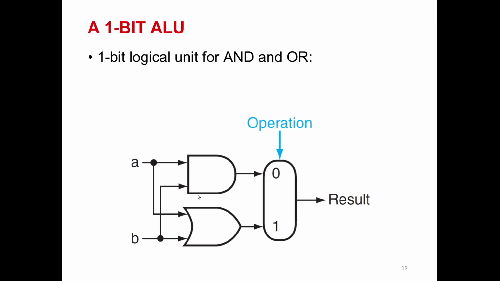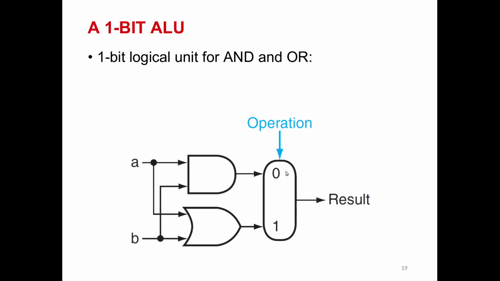Here you can see it. We have AND gates and OR gates available here with the two inputs A and B, so that at the end we will have A and B available here, and A or B available here.